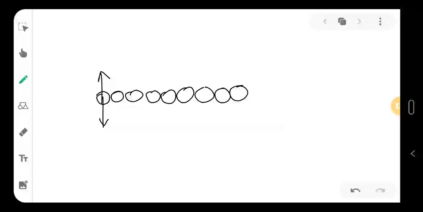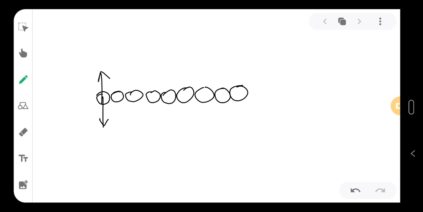We know in matter all of these particles are in some kind of attraction to each other, meaning they have some interaction between them. It may be van der Waals force, or a hydrogen bond, or any other kind of bond. So when the first particle is oscillating, it has some amount of energy, meaning someone has already initiated an oscillation in that particle.